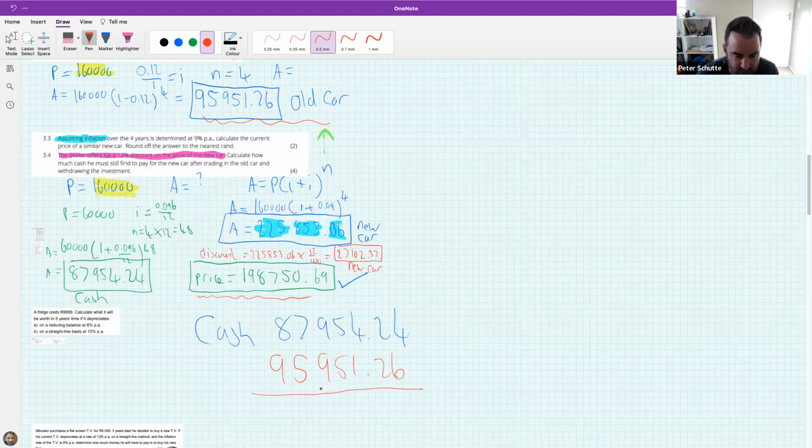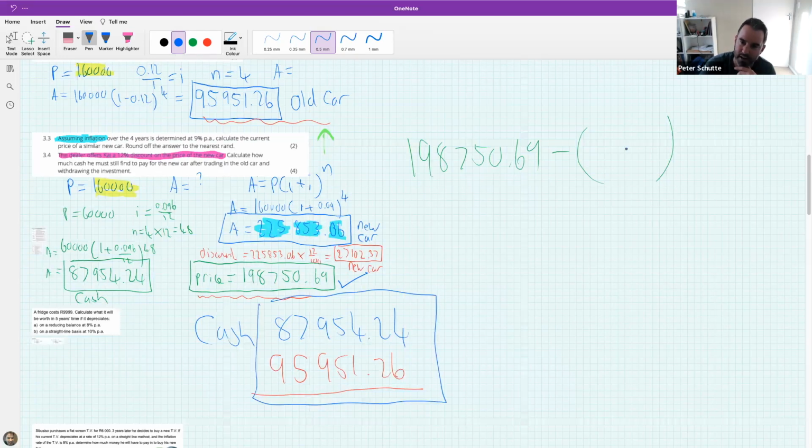How much money do we still need to pay for this new car? So I think it's just going to be 198,750.69 minus this thing down here. This is the amount of money that we have ready to roll. So give me the final answer. How much money do we still need to find?